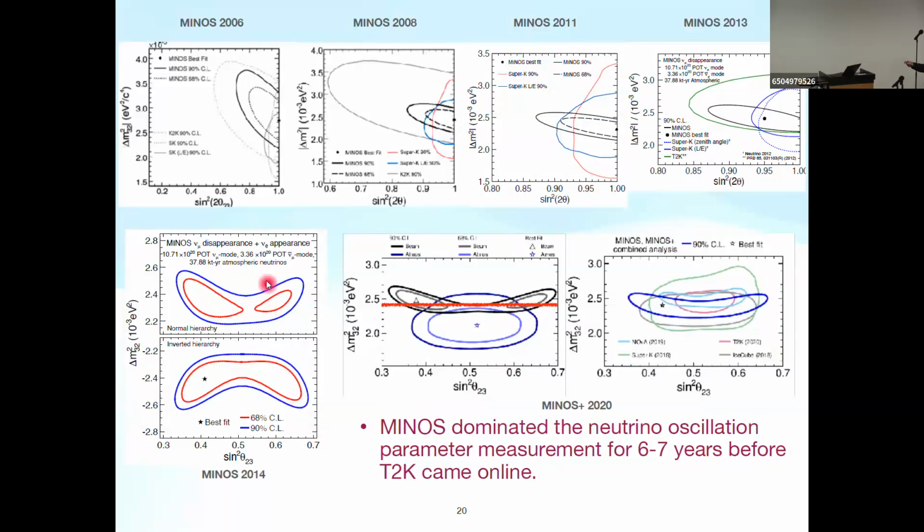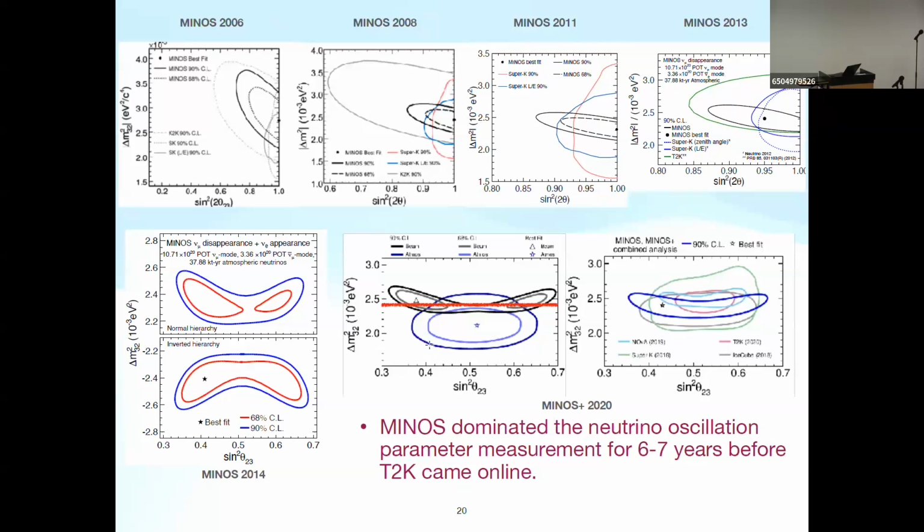And then nowadays you see pictures that look more like this because we're looking at the angle within the 3-flavor paradigm. And this was our last measurement, including the MINOS+ data, where we've split up the beam measurement compared to the atmospheric measurement, which we also did measuring the neutrinos from the atmosphere.